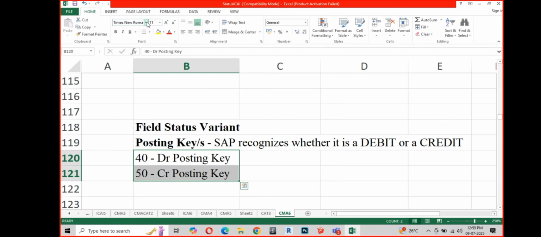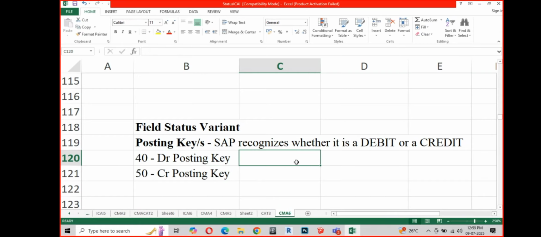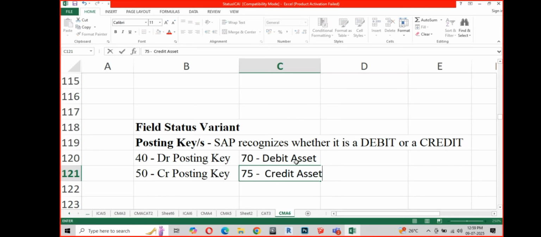Probably now things will be a little hazy. Don't worry about the clarity, but all you should know is, 70 is for whenever you are purchasing an asset, you debit an asset. SAP understands this through posting key 70. And whenever you are depreciating, you have accumulated depreciation account debit to the asset, right?